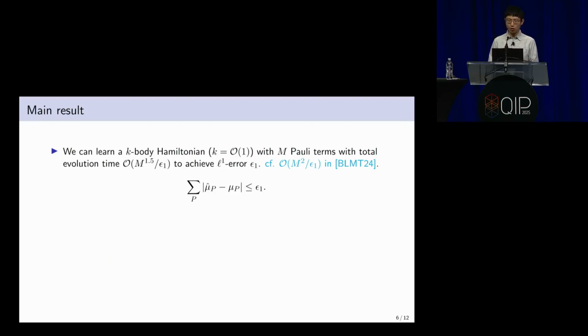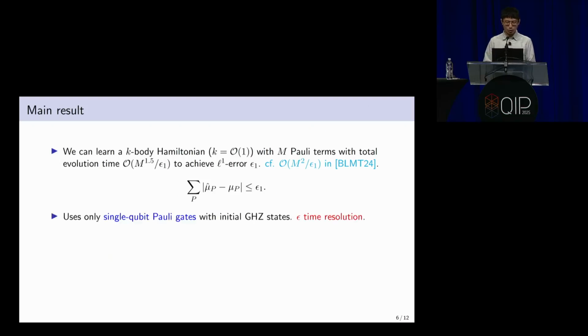Here we consider all the errors added up, and we want all the errors added up to be below this threshold epsilon 1. So if we adopt this error metric for the previous work, then they would have an m squared over epsilon 1 scaling compared to our m to the 1.5 over epsilon 1. So you can see we do a little bit better than that.